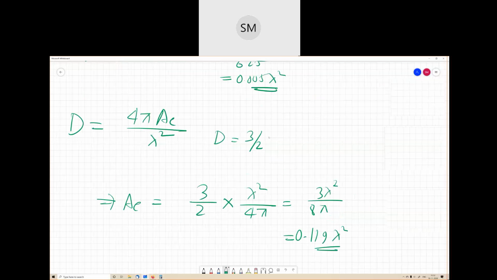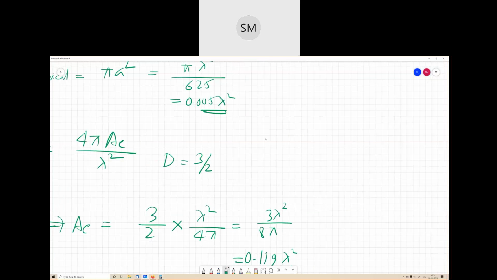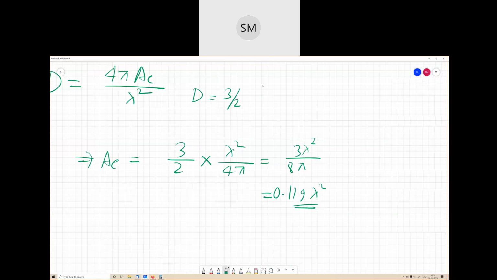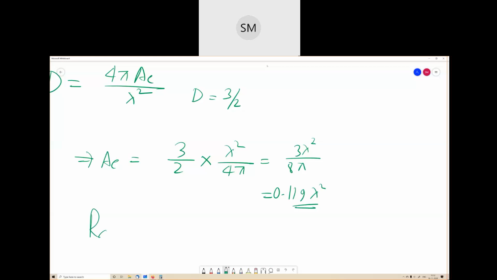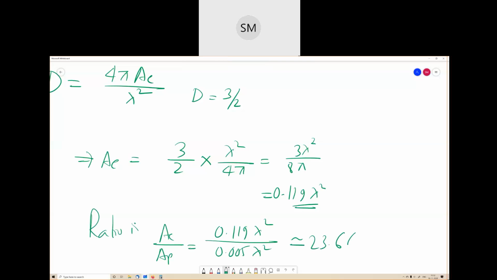Okay. So what is the ratio of them? The ratio AE by AP equals 0.119 lambda square by 0.005 lambda square, that is almost equal to 23.66. Okay. Any questions regarding this?